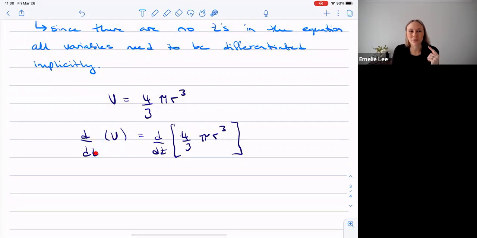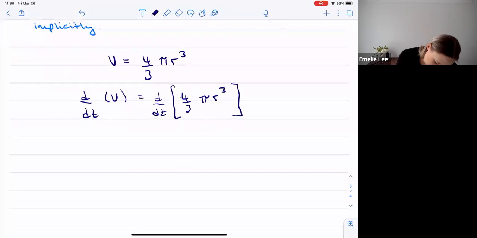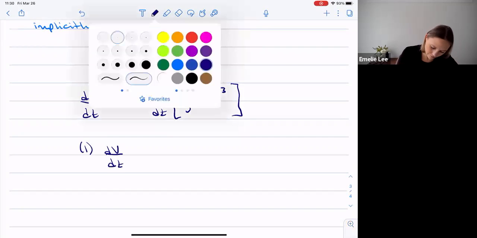But then with respect to t, it's going to become dV/dt. Usually we just end up writing dV/dt right away if you don't have V squared or anything like that. So here, the derivative of V is 1 times dV/dt.